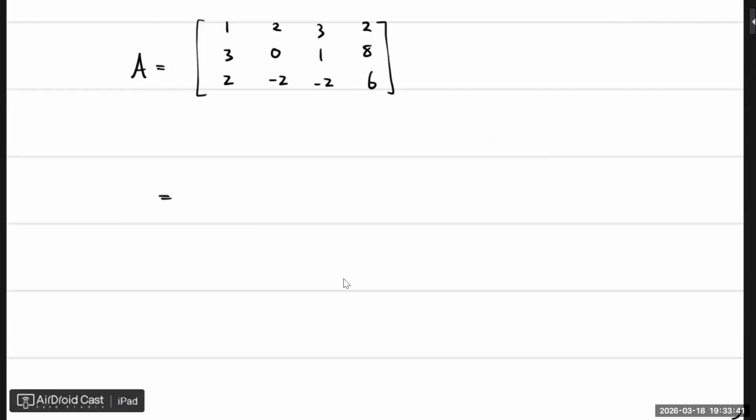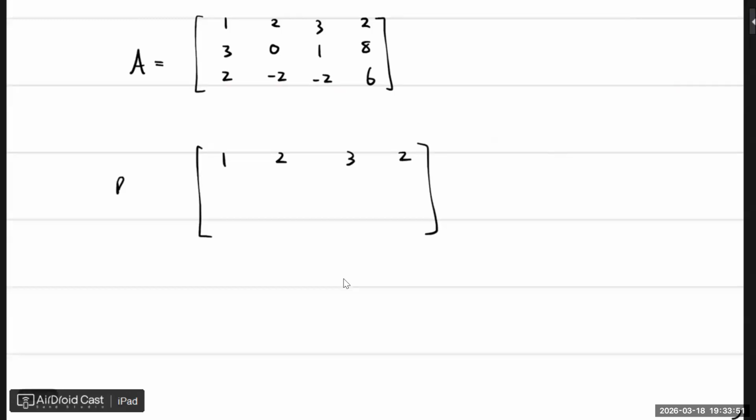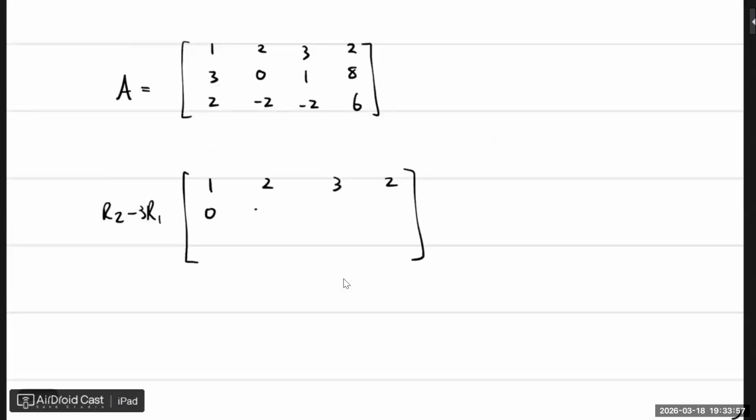For a column space, let's get it into its row reduction. 1, 2, 3, 2. Then row 2 minus 3 times row 1: we have 0, -6, -8, 2.